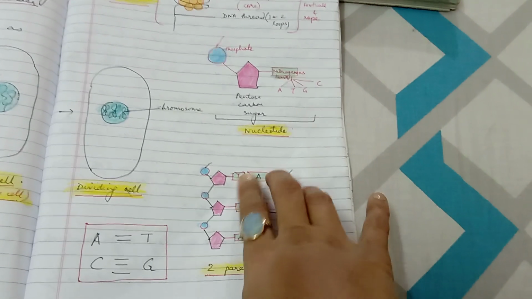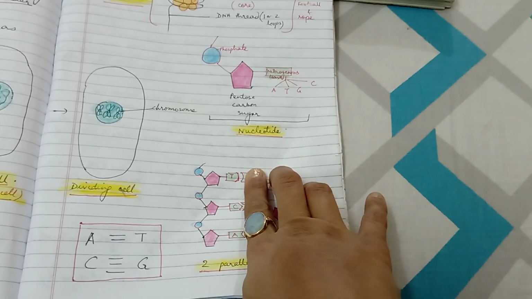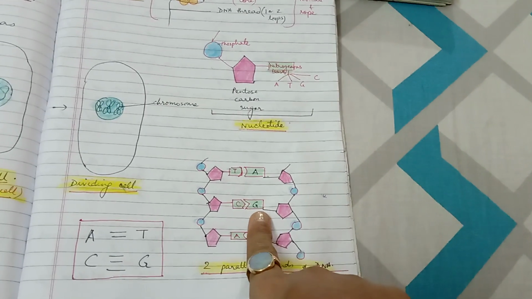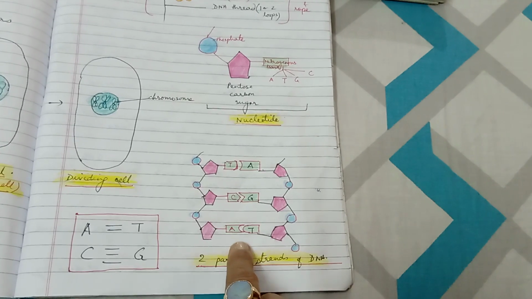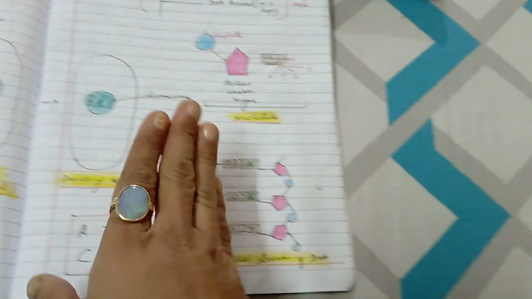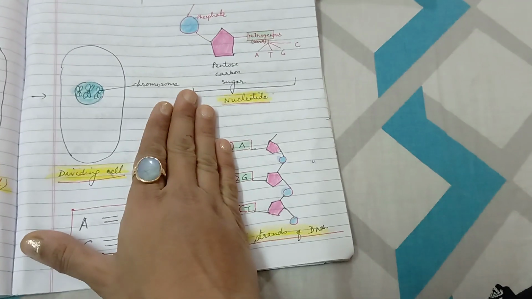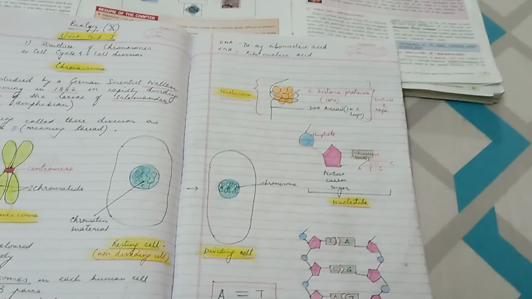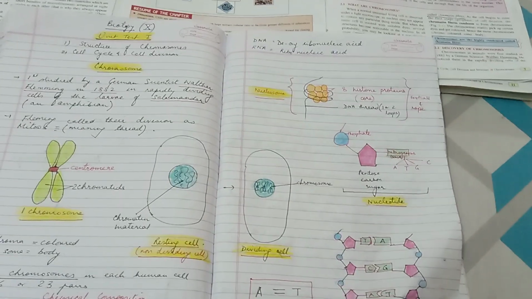If T is here, then here would obviously be only A, no other nitrogenous base. If it is C over here, then naturally the other would be G. This is like a game you can play: if you know one of the partners, the other can be predicted by this rule, AT and CG or GC, however you call it. So I hope this part is clear, children.